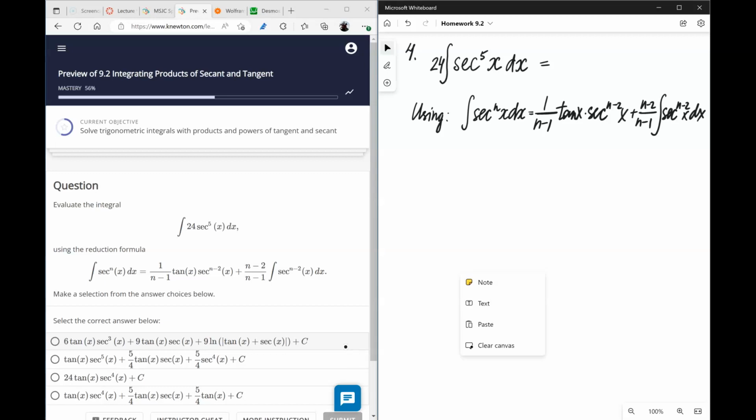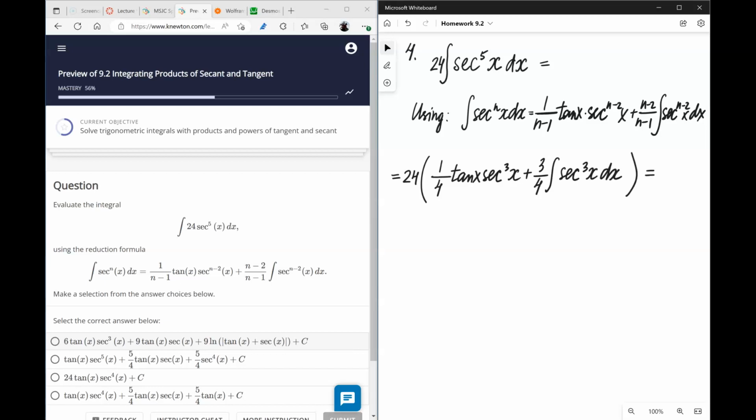We're going to set n equal to 5, and we're going to apply it. So 1/4 tangent x secant cube x plus, n is 5, so n minus 2 is 3, so here we have 3/4 integral of secant cube x dx.